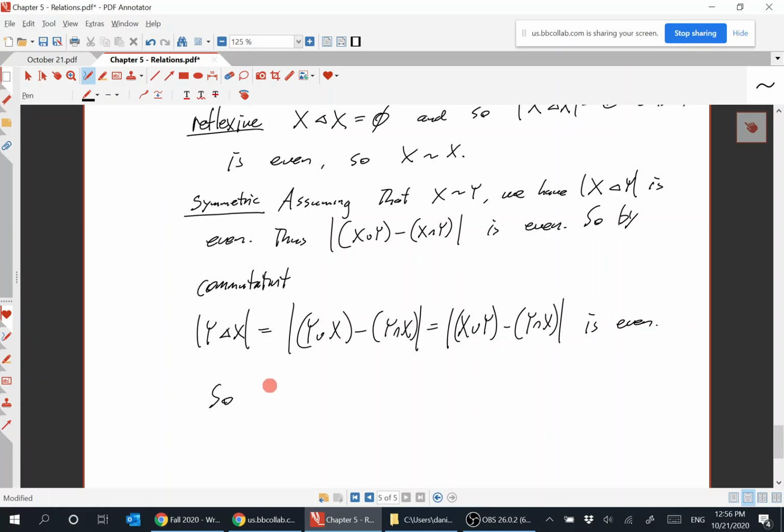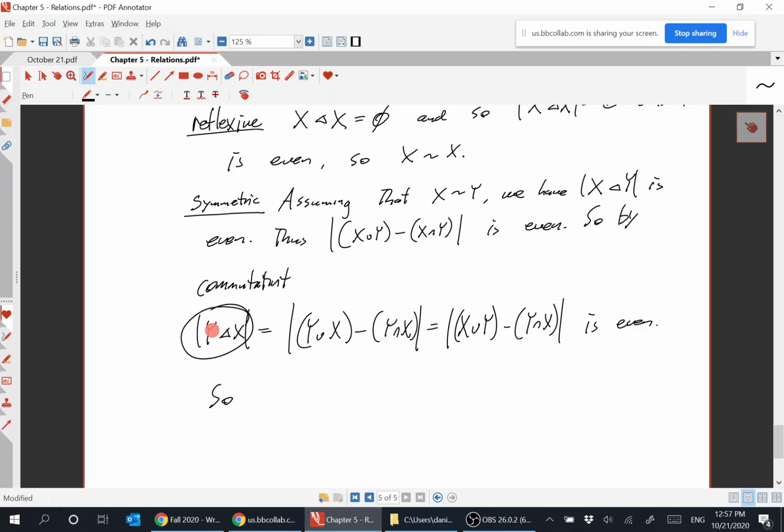We assume that x symmetric difference y is even. This one means y symmetric difference x is even, which means what as far as the relation goes? It's symmetric.